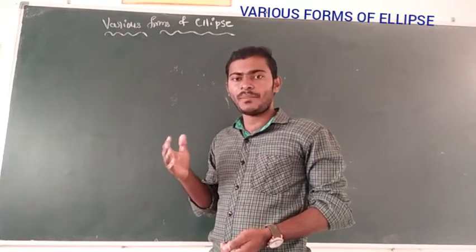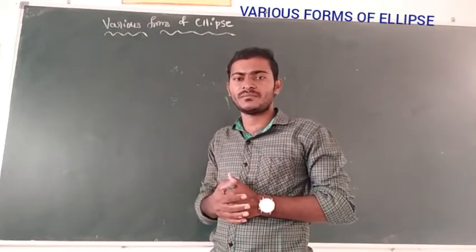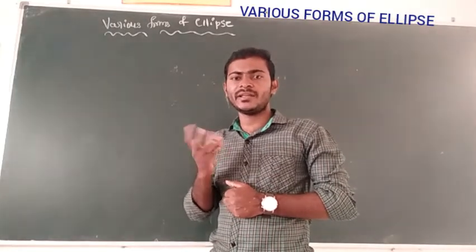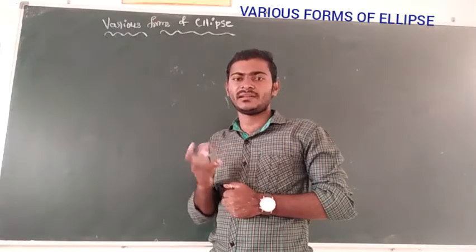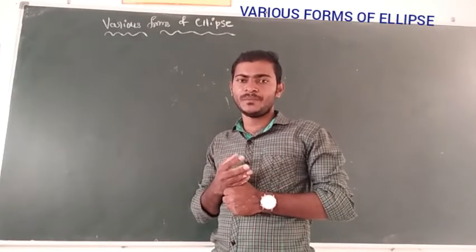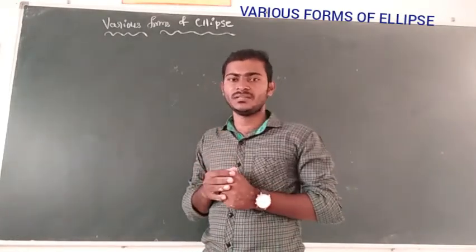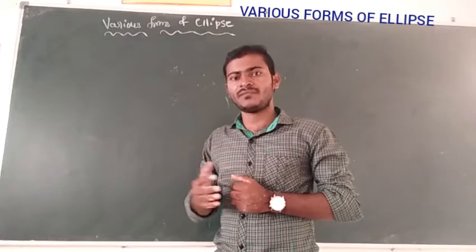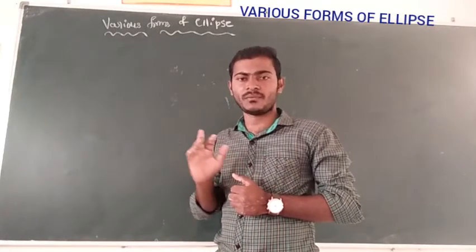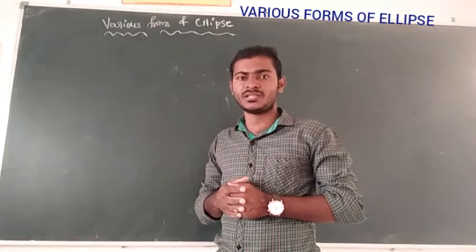In the parabola, we saw the various forms: by rotating the axis anti-clockwise we get four types of parabola, and again by shifting the origin from one place to another we get another four types. So totally we get 8 types of parabola, as we saw in the parabola chapter.